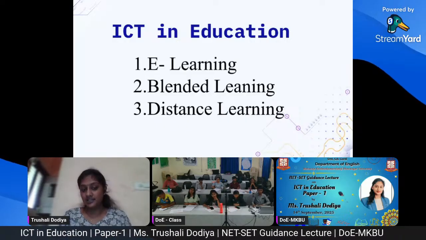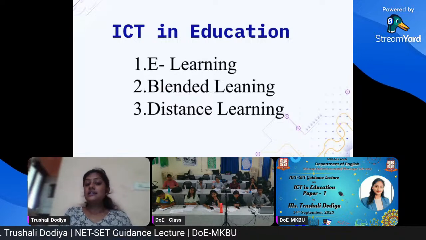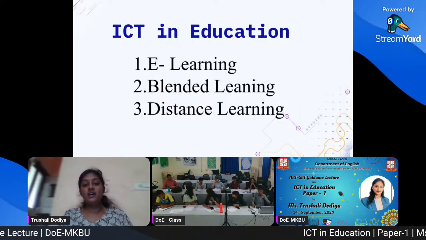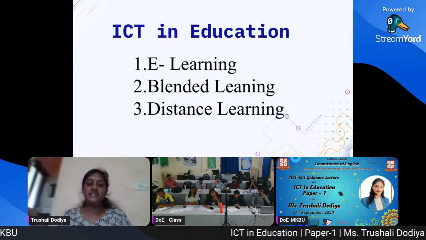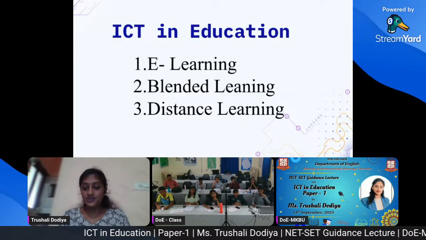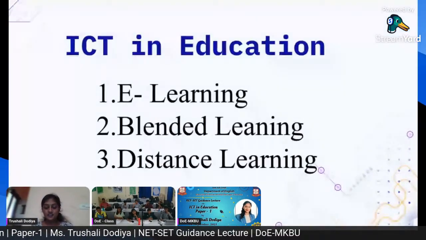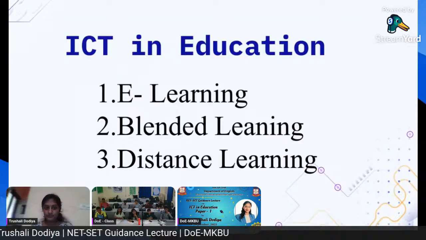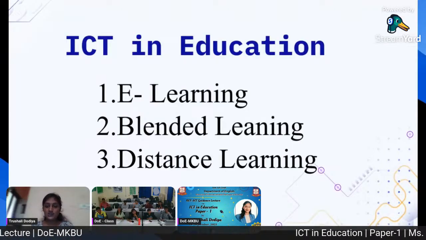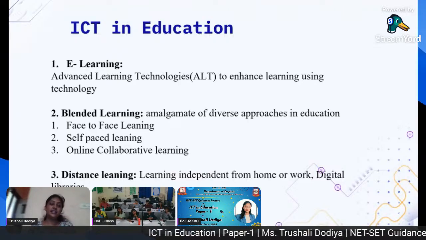First one is e-learning, then there is blended learning, and there is distance learning. We are quite aware of e-learning, blended learning, and distance learning, as we all are doing it as well. So these points are easy for us to understand, but these platforms are very essential and useful in terms of generating, disseminating knowledge and learning it.